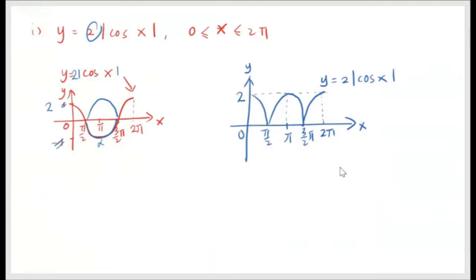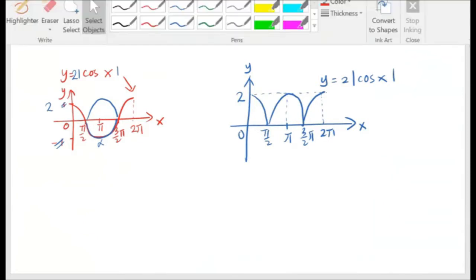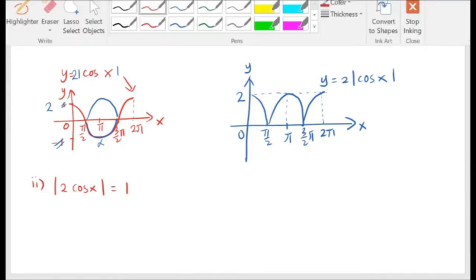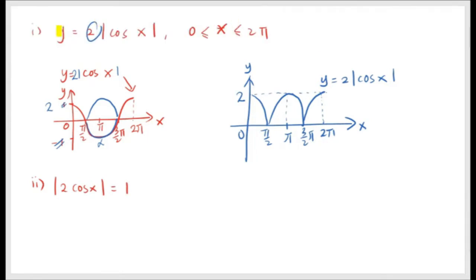So now the second part, I give you modulus 2 cos x equal to 1. Now we compare. The first is y equal to 2 modulus cos x. The second one is modulus 2 cos x equal to 1.